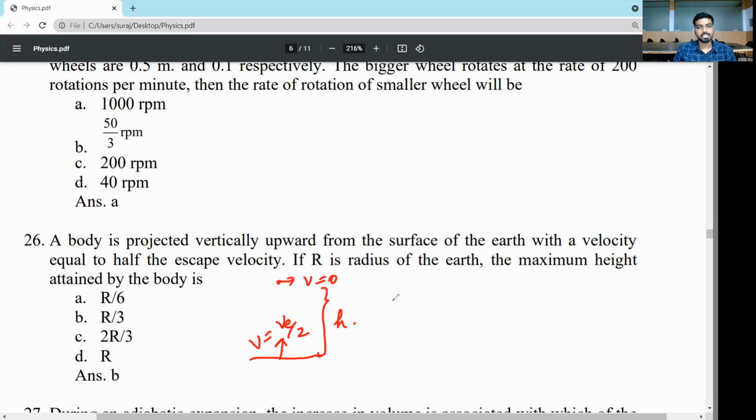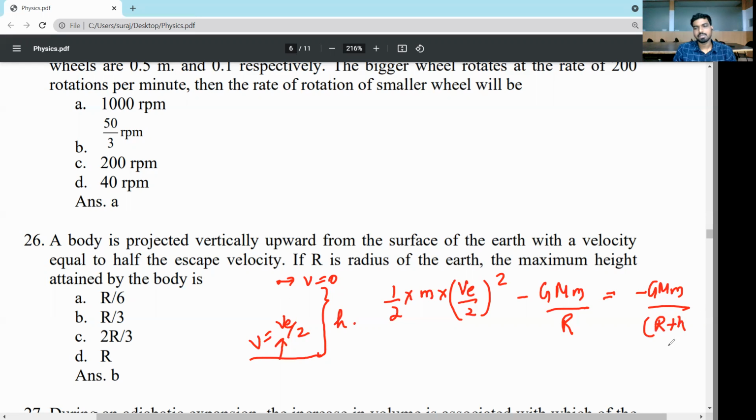It is conservation of total energy. That means half m v square minus GMm by R equals, here kinetic energy is 0, minus GMm by (R plus h).